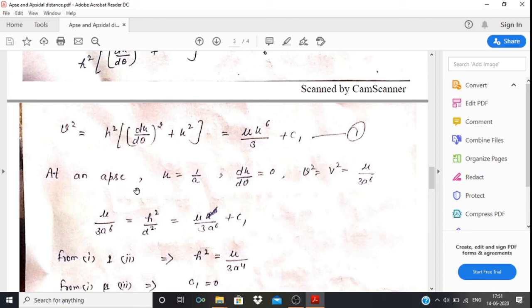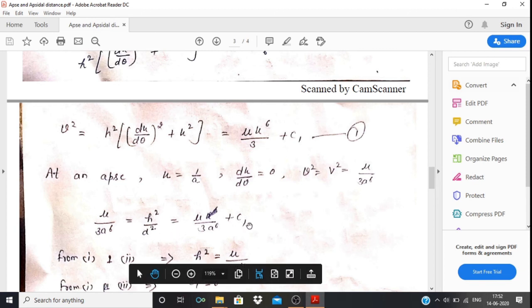For finding the value of the constant c, again I use the initial condition. We know that at an apse u is equal to 1 upon a and du upon d theta is equal to 0. Also v square is equal to v square, where this is the velocity from infinity and this is the velocity of the particle v. This is equal to mu upon 3a square. We have already calculated this previously.